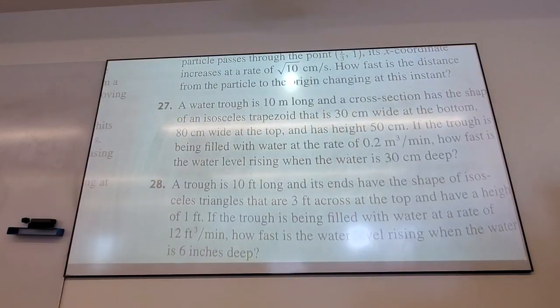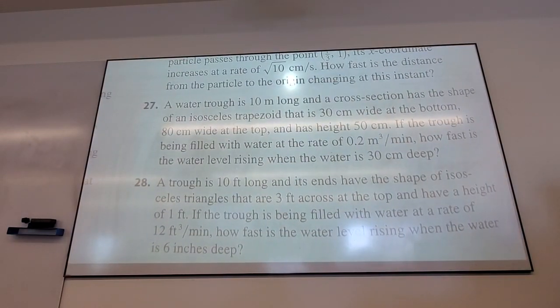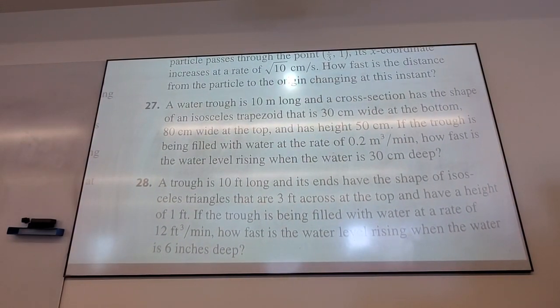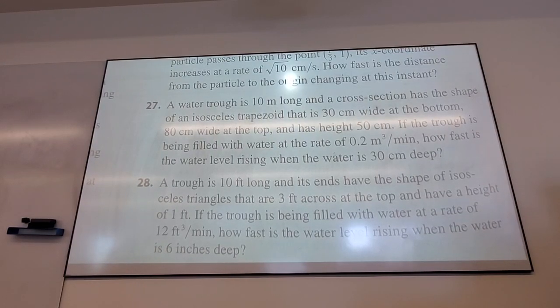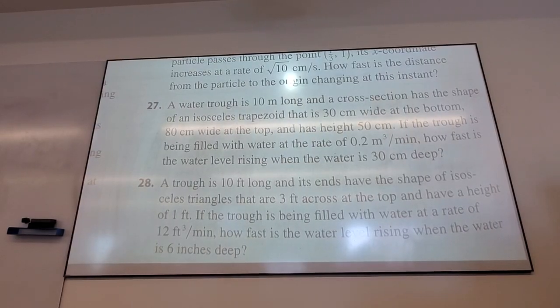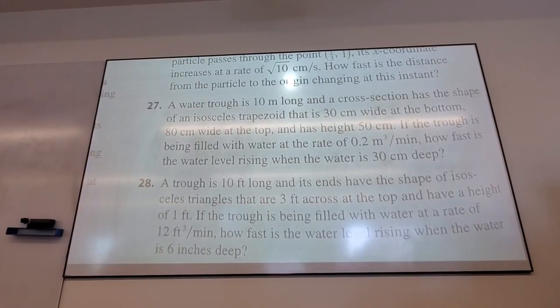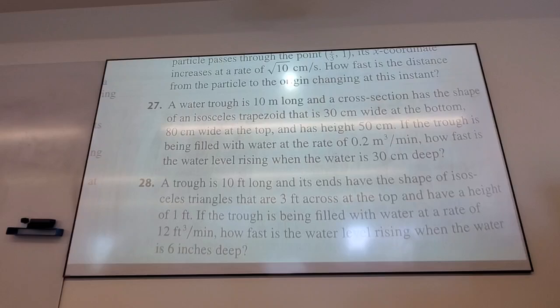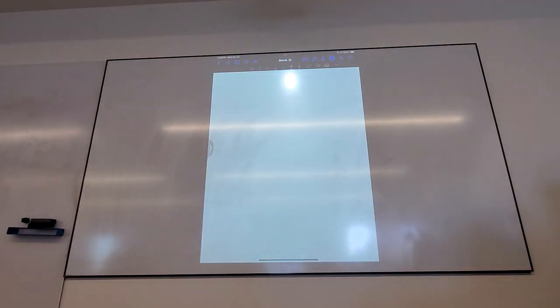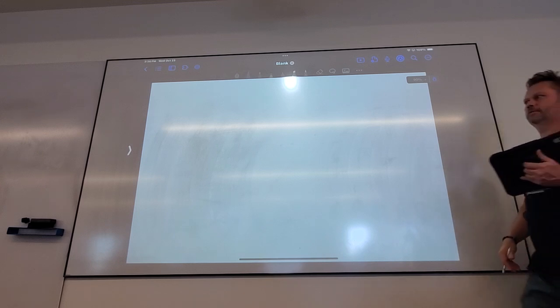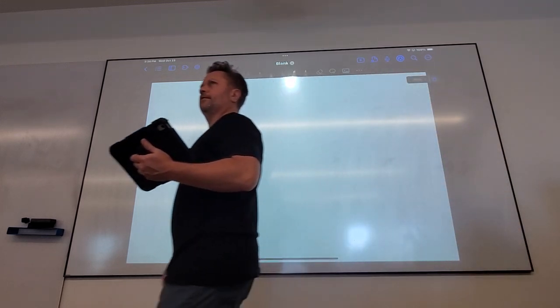Let me see how I can do this best. Oh, I didn't want to do that. Let's see what this does. Oh, there we go, it's back there. It's not very useful. Where's that one? That's over there. Okay, sure. So you got book and you got stuff, okay.